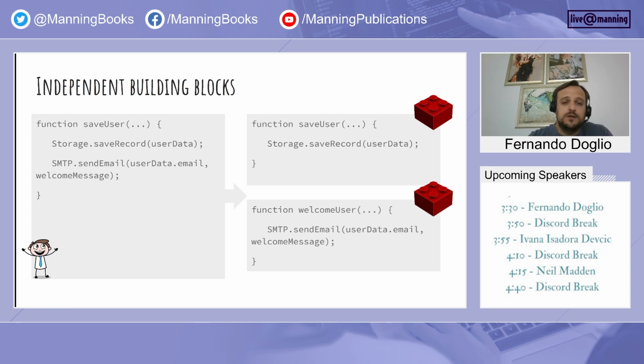The code is fine, it works, but there is a slight coupling here because our function that is in charge of saving the user into a storage medium is also in charge of sending an email. And that's not something that we want. And even if we were to abstract that send email method into a more generic notify or welcome user, right?